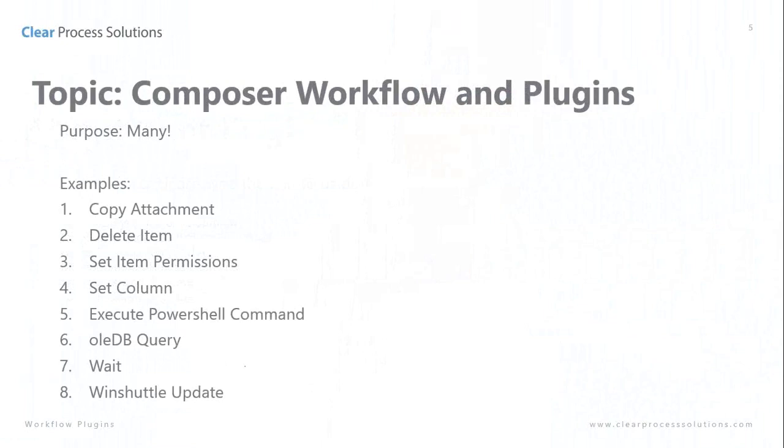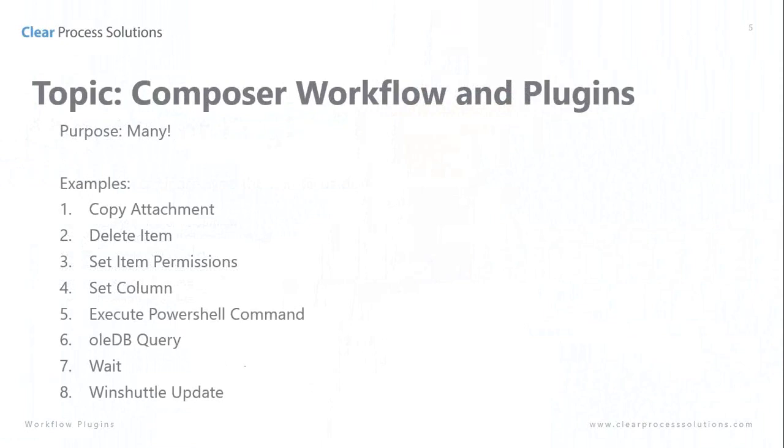This web tip session is going to be about workflow and plugins. A few examples that I wrote down here of pretty common plugins that you'll see often in workflows would be the copy attachments, delete item, set item permissions, set column, execute PowerShell command, OLEDB query, wait, and Winshuttle update.